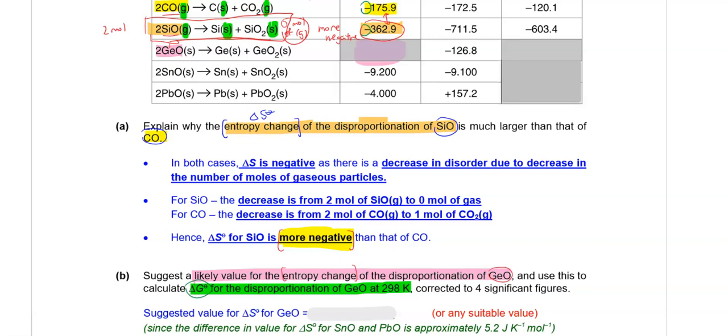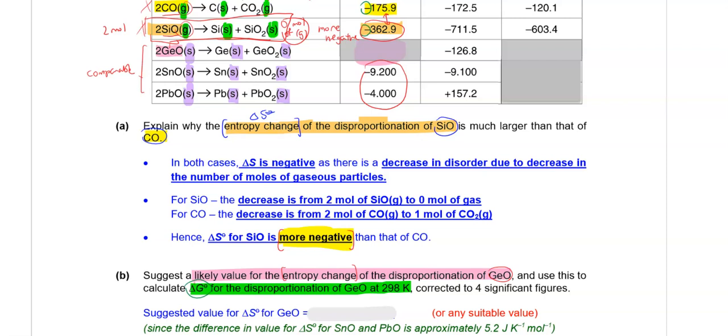For germanium oxide, you have a solid as the start, so naturally I will not compare with the first 2 reactions, because the first 2 reactions are gaseous. Then we take a look at the products. The products are solid for germanium oxide, tin oxide, and lead oxide. So these 3 sets of reactions are very comparable, and these 2 values here could give you some guide in terms of what the entropy change should be.